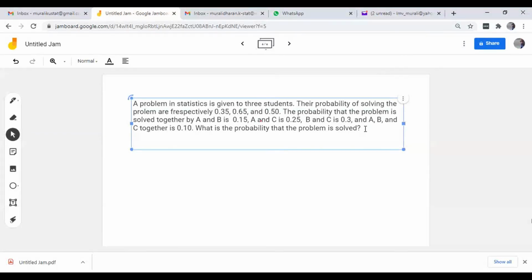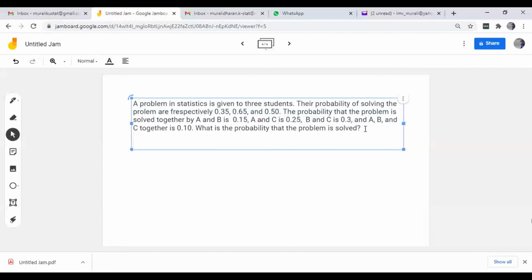That probability is also given. It's also possible that A and C together can get the answer simultaneously, B and C together can too, and similarly A, B, C together can also get it. It's all possible. Who solves, I don't know. Finally, we want the probability that the problem is solved.